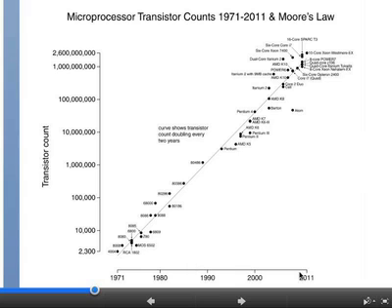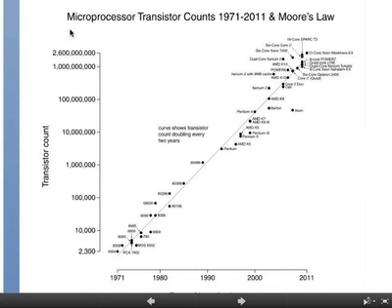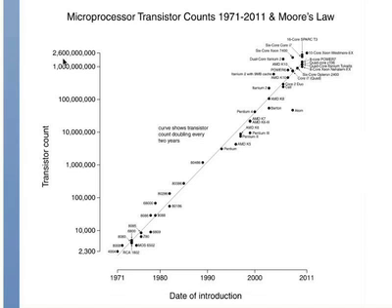The horizontal axis is the year, and the vertical axis is the transistor count. We started in the 1970s with about 2,300 transistors per chip. This is per device. And today, 2011 or so, we are at about 2.6 times 10 raised to 9, 2.6 billion. It's more than that now, because this is a couple of years old.